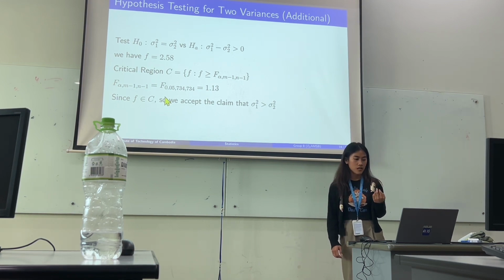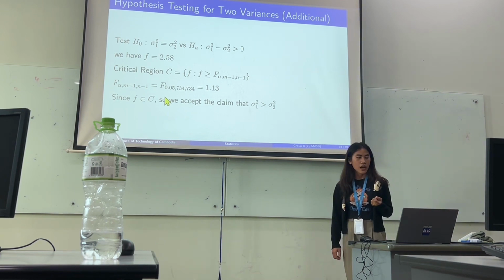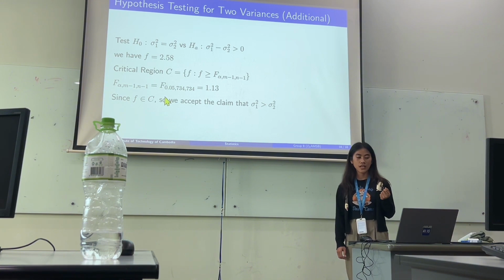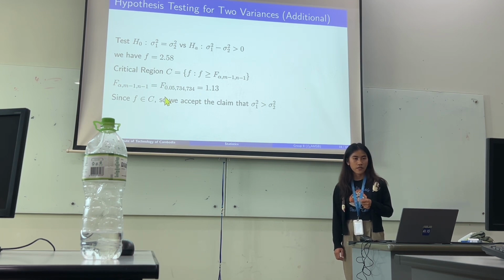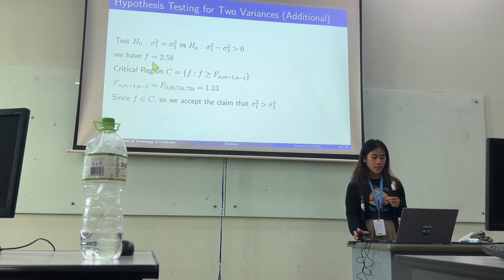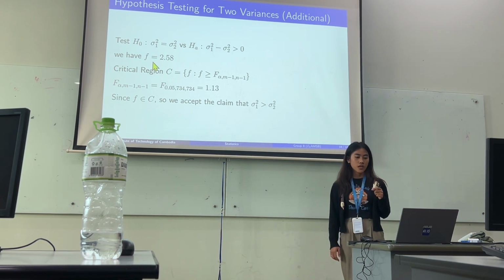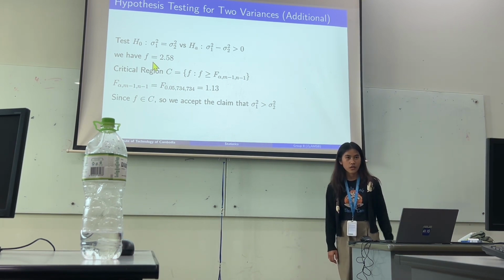So we have F equals 2.58, and the critical region for the one-tail test is defined as shown, and it has a value of 1.13. Since F is in the critical region, we accept the claim that sigma 1 squared is greater than sigma 2 squared.